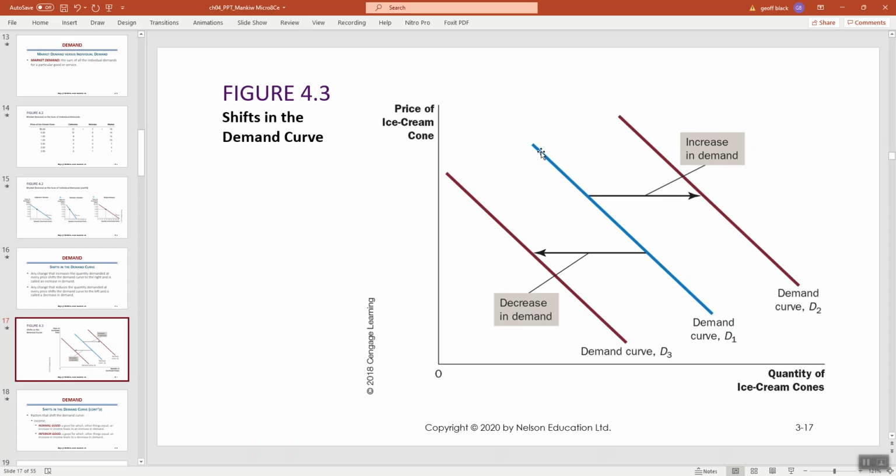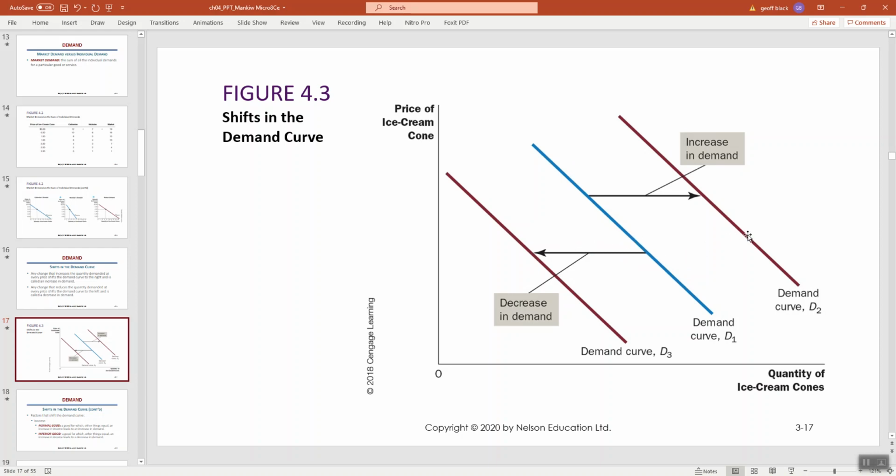So if you think about the logic here, what we're doing is we're building the curve first. We're saying, okay, this curve comes from individual demand curves, which are added together, right? So we've got this market demand. So it's everybody who's in the market. We recognize each and every one of those individuals has a specific demand schedule, but we merge them all together, right? We get a market demand, and that's what this curve represents. But we're saying something could cause that whole curve to shift to the left or to the right.